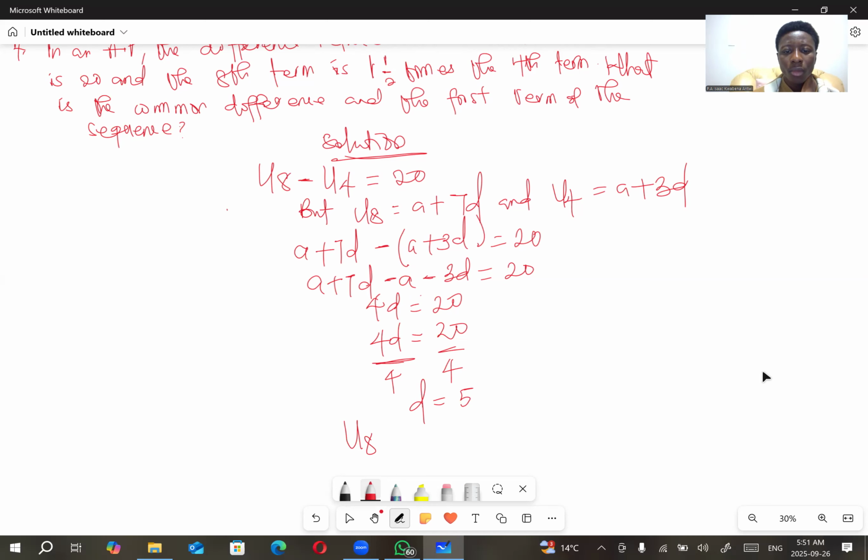U8 is equal to one and a half. Where is the 1 over 1/2 coming from? You people, sometimes I don't understand you. Read the sentence: one and a half times the fourth term.